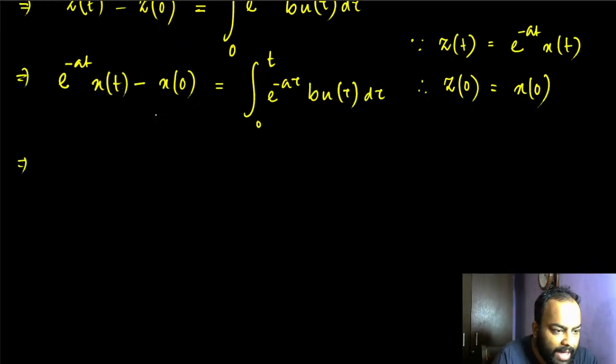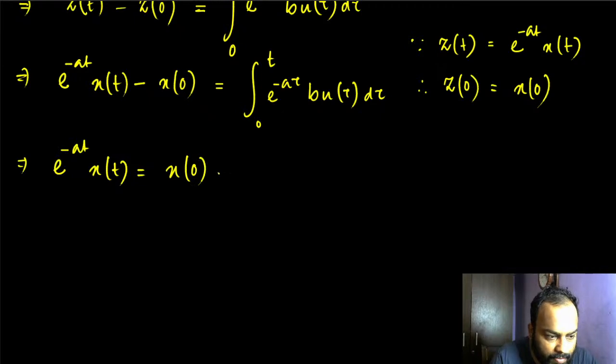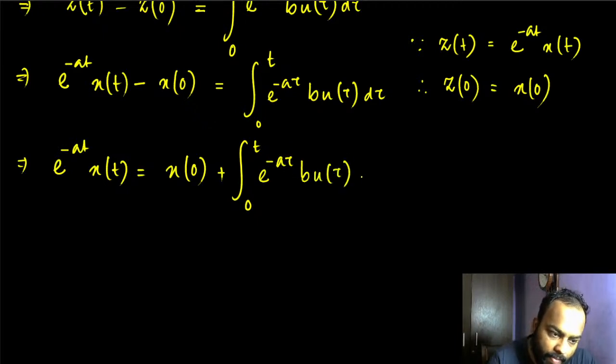All right, and let's bring this to the right hand side. Okay, let's bring that to the right hand side, and if we bring that to the right hand side, it becomes... got it?